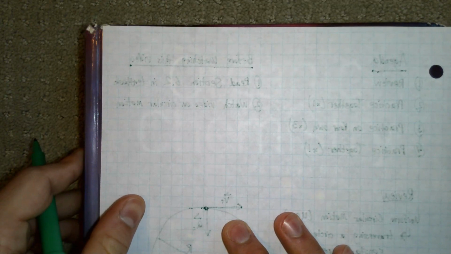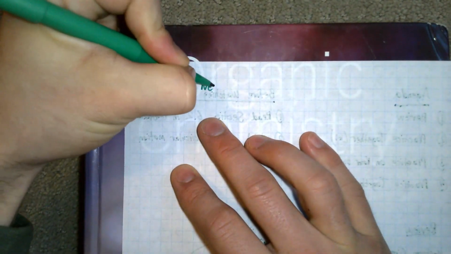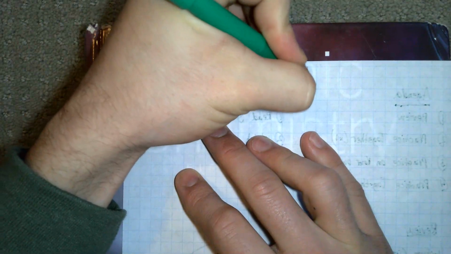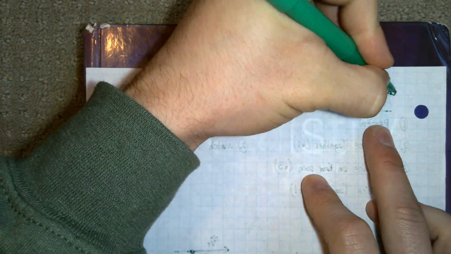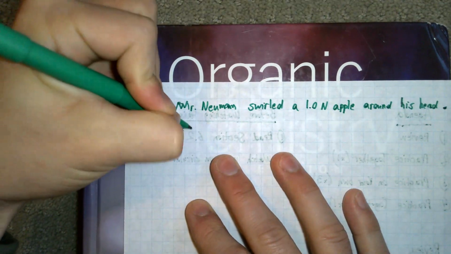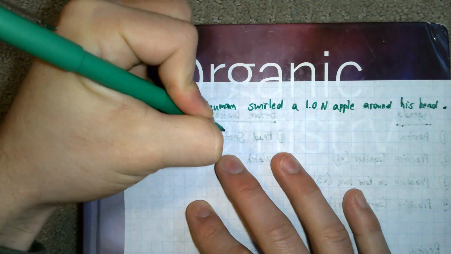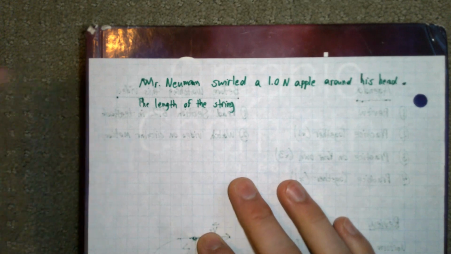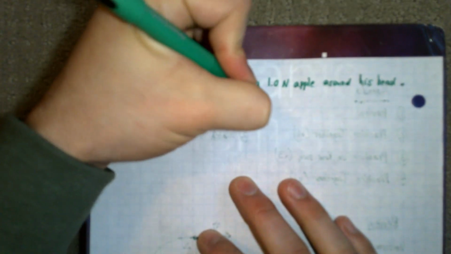All right. So say Mr. Newman swirled an apple, a 1.0 Newton apple, around his head. The length of the string attached to the apple is something reasonable, something like 0.85 meters.